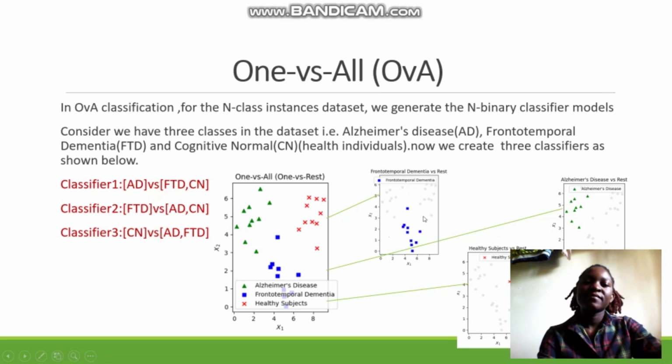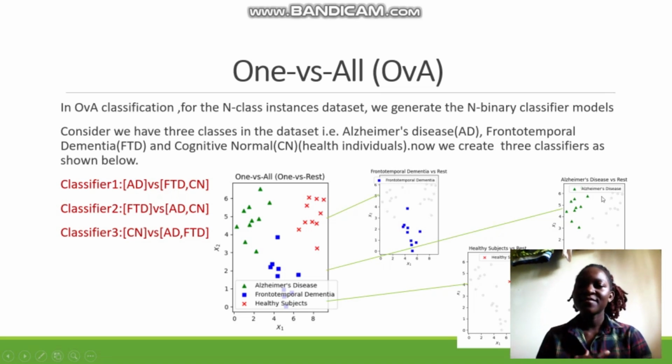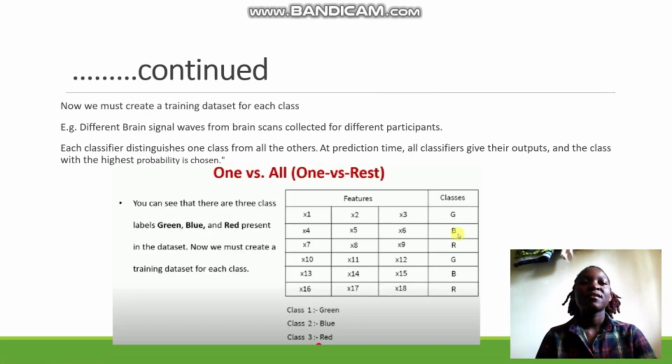So we create three classifier models. One is for classifying frontotemporal dementia, the other for Alzheimer's disease, and the last one for the healthy subjects.